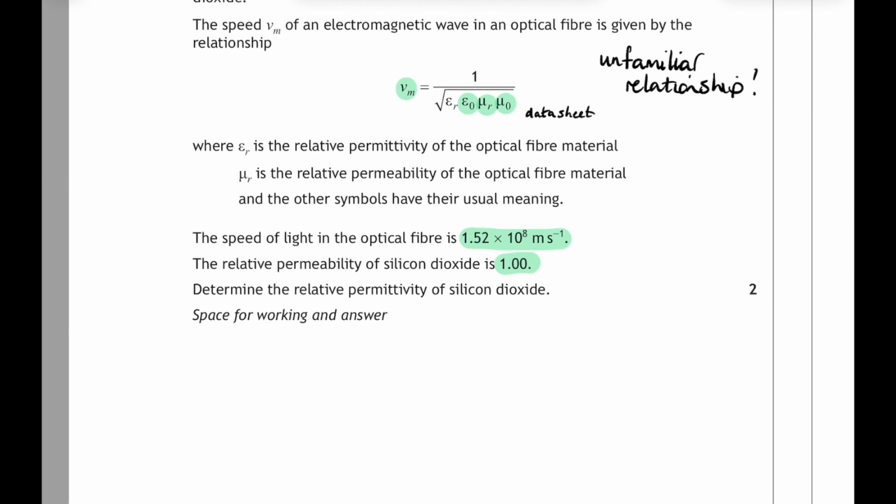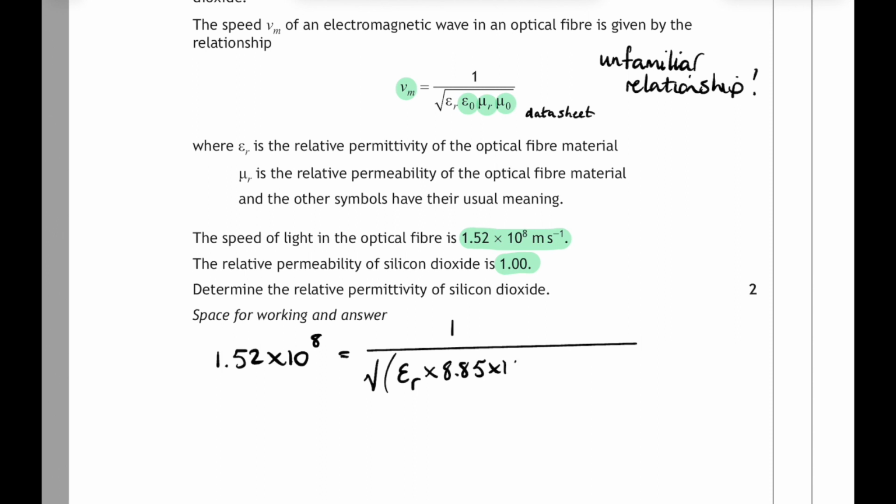So we're just going to sub in all the numbers that were given. The speed, 1.52 times 10 to the 8, is equal to 1 over the square root of E subscript r times the permittivity of free space, 8.85 times 10 to the minus 12, times 1 is the relative permeability of silicon dioxide, times the permeability of free space, 4 pi times 10 to the minus 7.